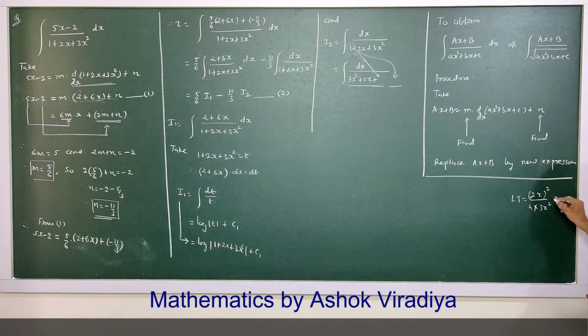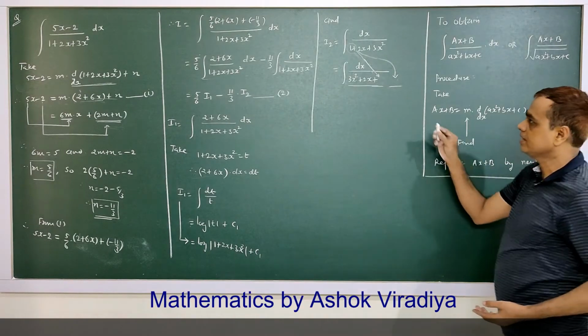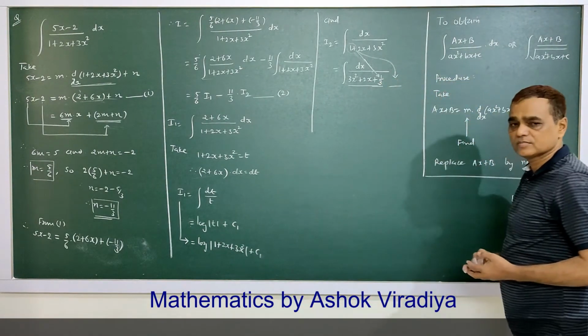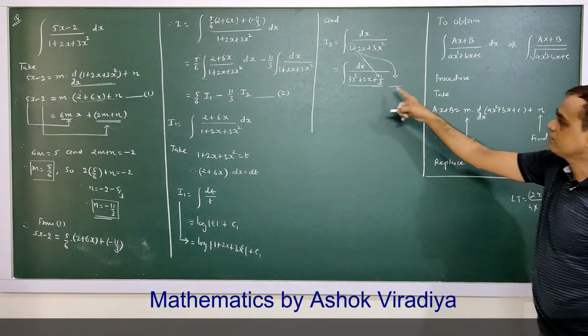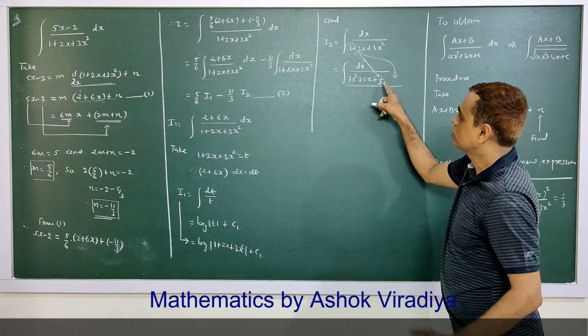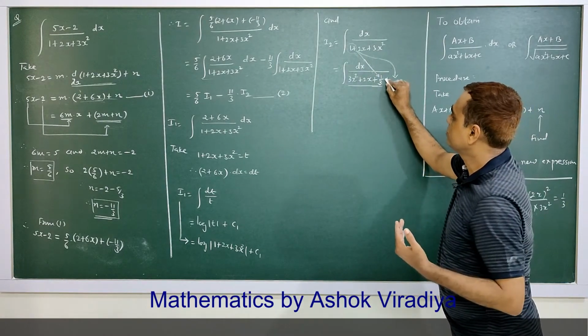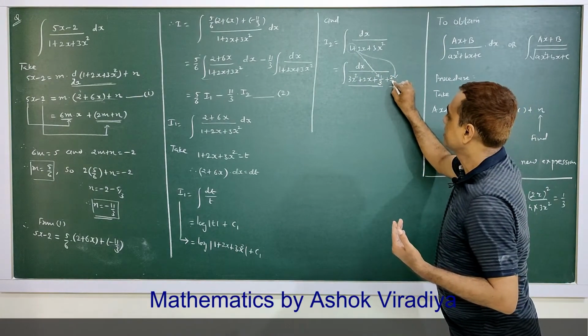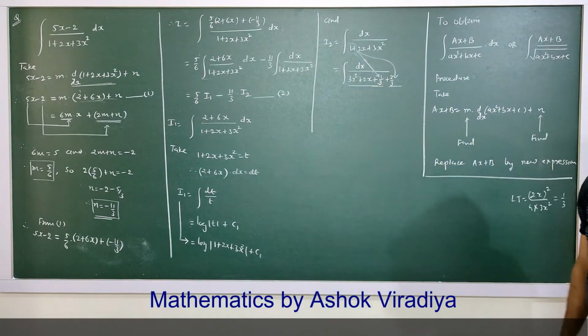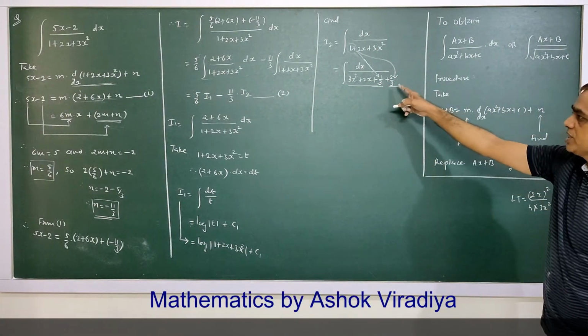So this is 1 upon 3. 4x square will be cancelled. So last term will be 1 upon 3. But we want total 1. So to 1 upon 3, if you add 2 upon 3, then total will be 1. Second number can be positive, it can be negative.